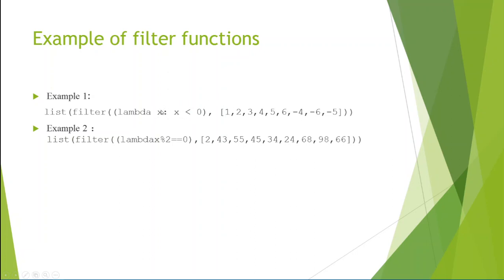This particular condition will be applied on the list of numbers which has both positive and negative numbers, and this filter function gives the values which are less than 0. Another example here, we have a lambda function which filters the even numbers from the given list.